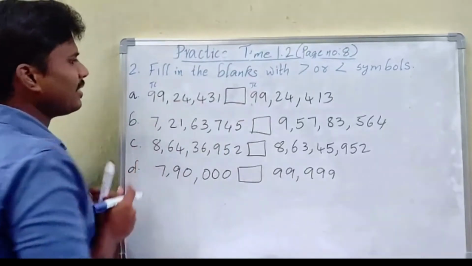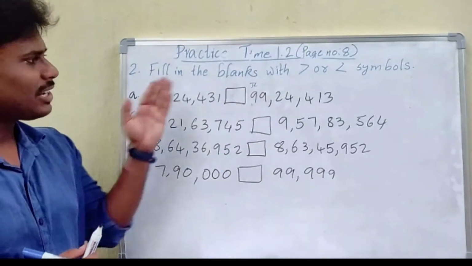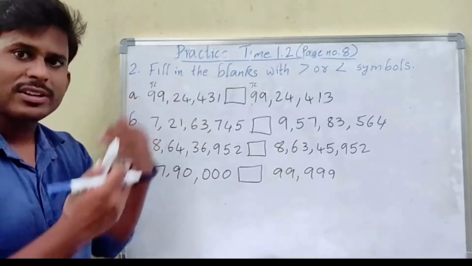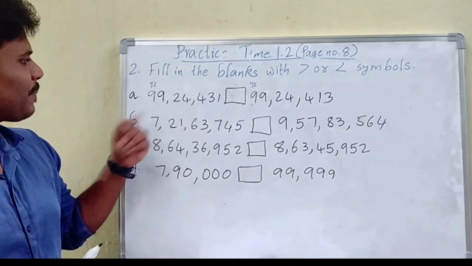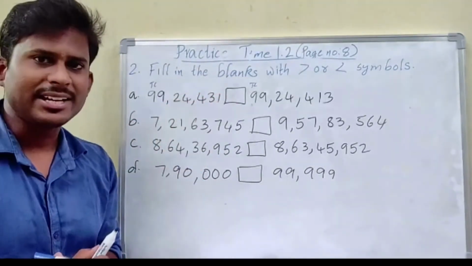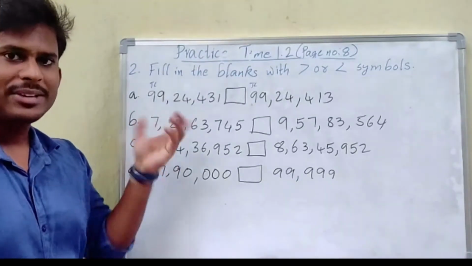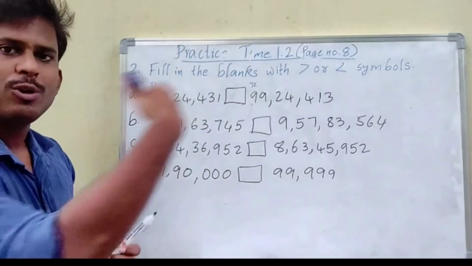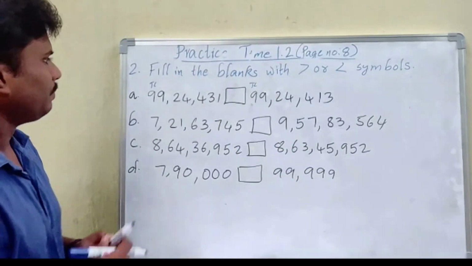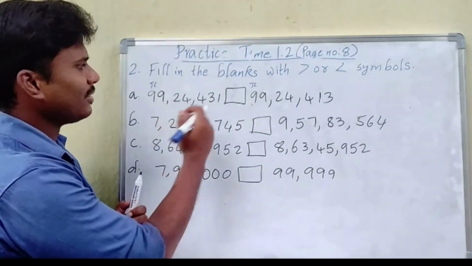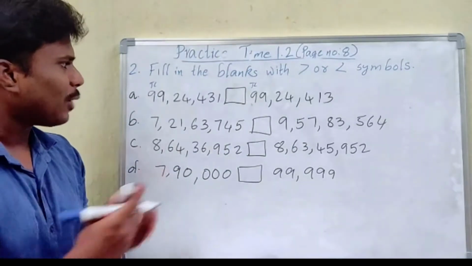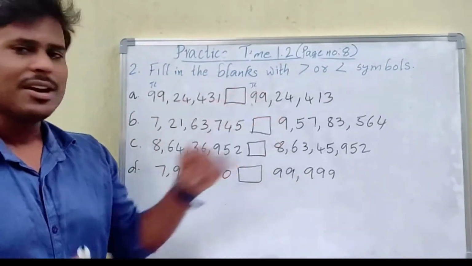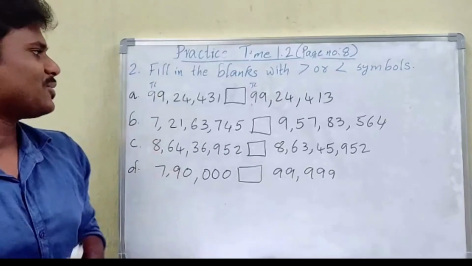In 10 lakhs place, we have 9. Here also we have 9. If you go for the next digit, next place, see 9 and 9. Okay, here also matching same. Then we have to go more further, right? So 2 here, 2 here, it is also same. Then go for the thousands place, 4,000, 4,000. This is also same.